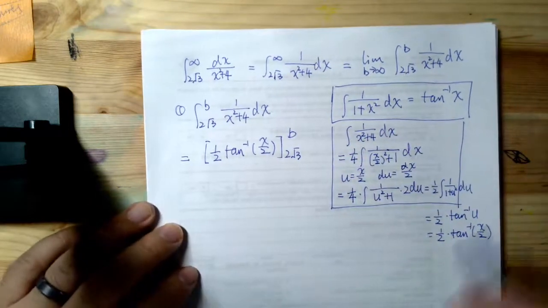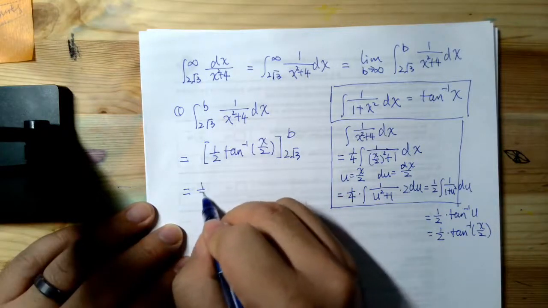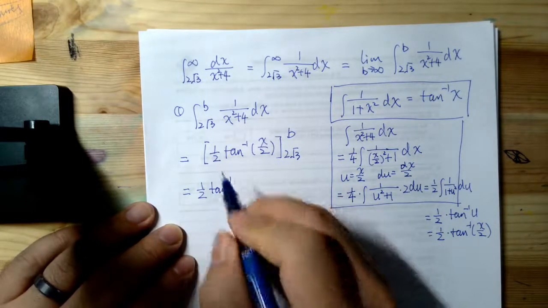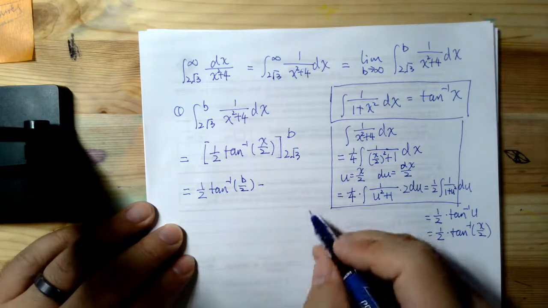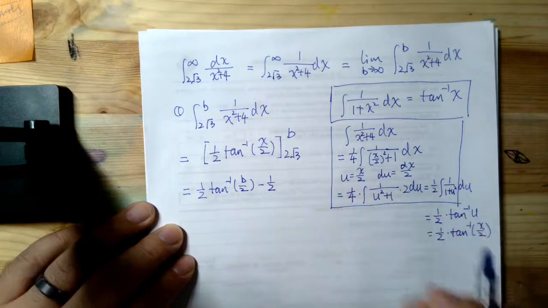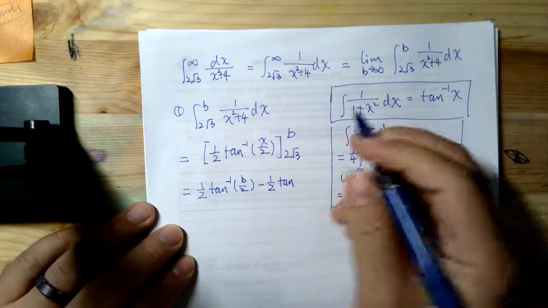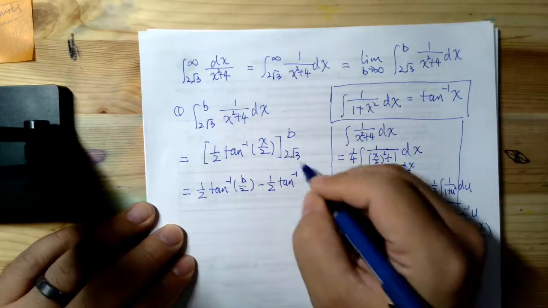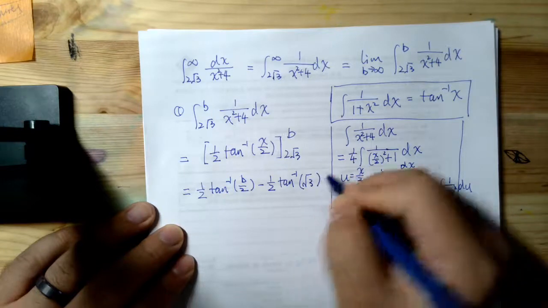Okay, and then we can plug in. It's going to give us 1 over 2 tan inverse b over 2 minus 1 over 2 tan inverse of 2 square root of 3 over 2, which is just the square root of 3.